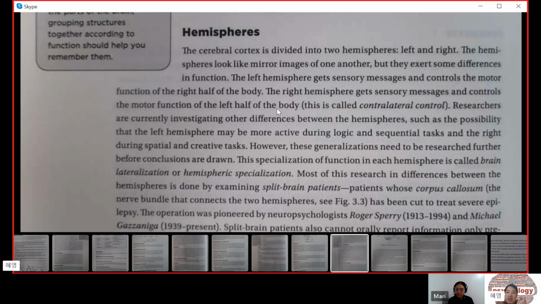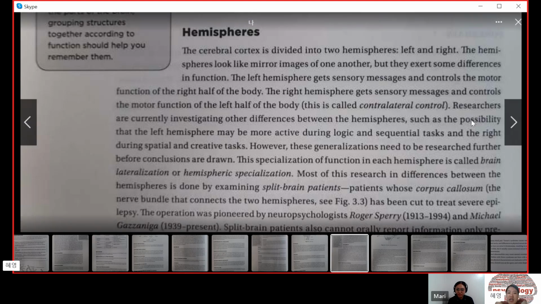contralateral control. Researchers are currently investigating other differences between the hemispheres, such as the possibility that the left hemisphere may be more active during logic and sequential tasks, and the right during spatial and creative tasks.